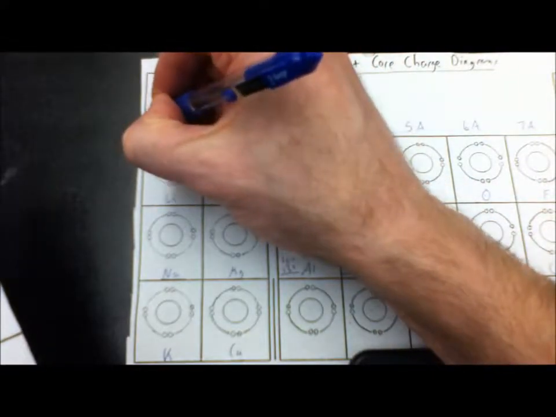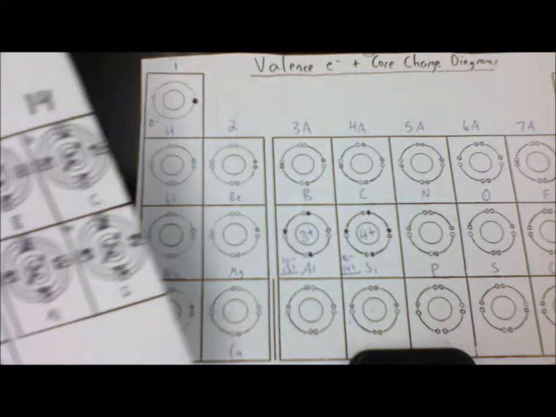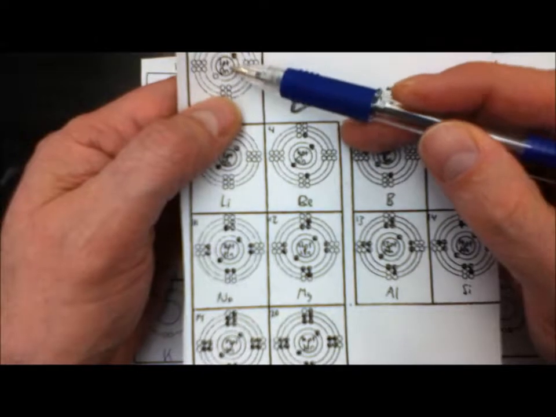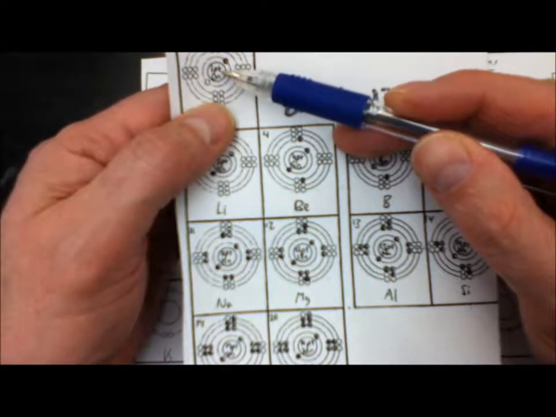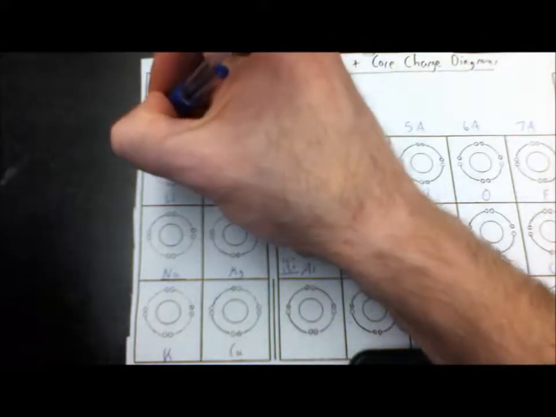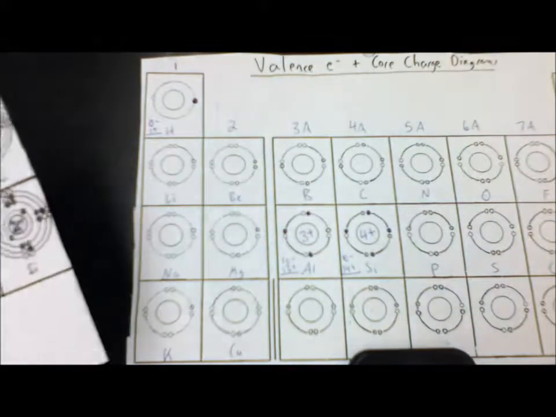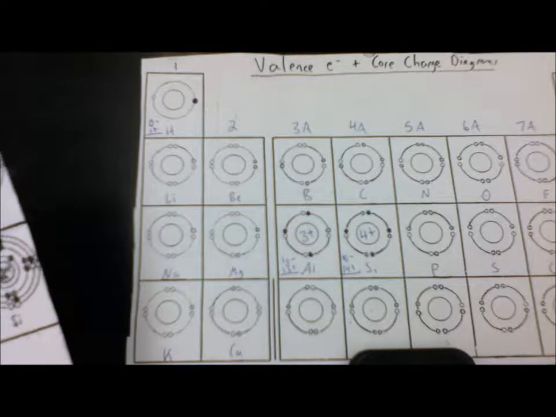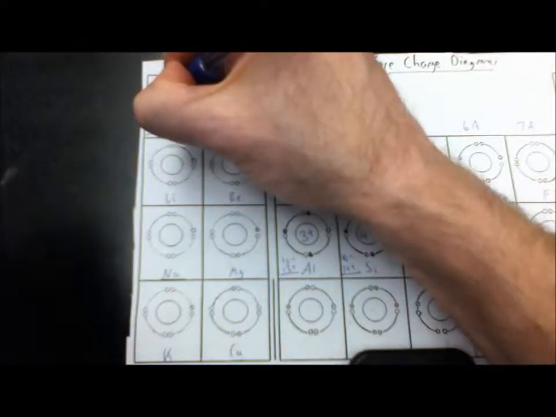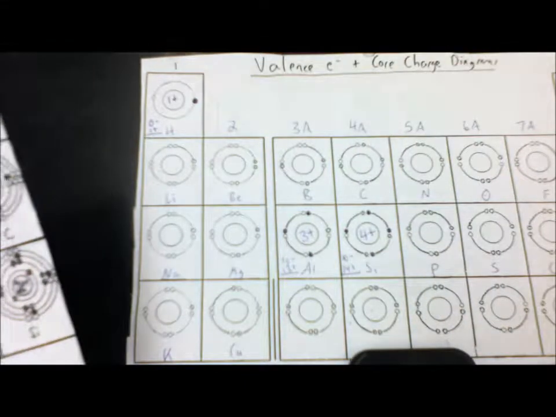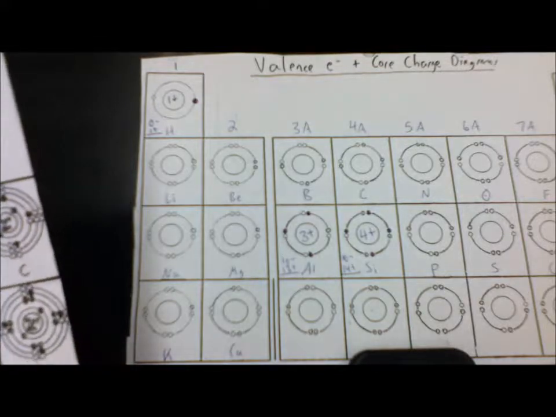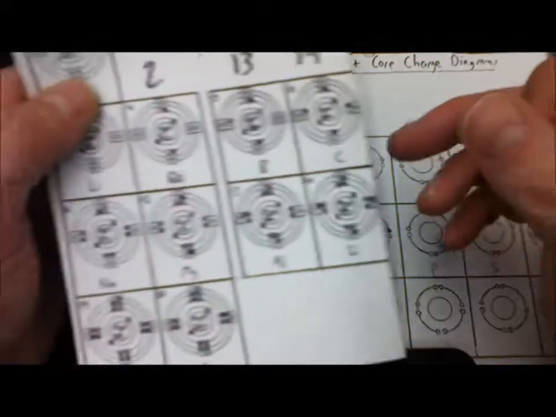So those are zero negative charges, but I also have to consider the number of positive charges from the protons in the nucleus, and there it is, 1p positive. So I got one positive charge. When I take zero negatives and one positive charge and add that together, I get an overall core charge of 1 positive.